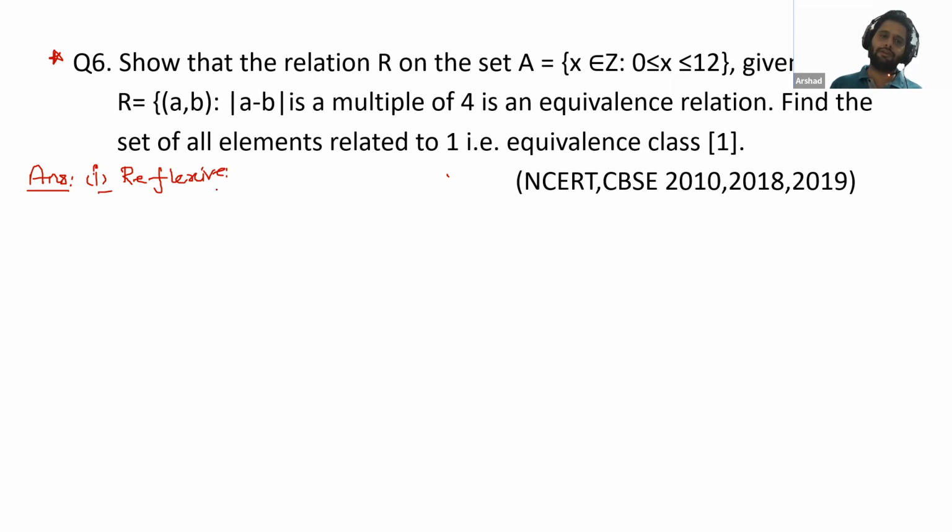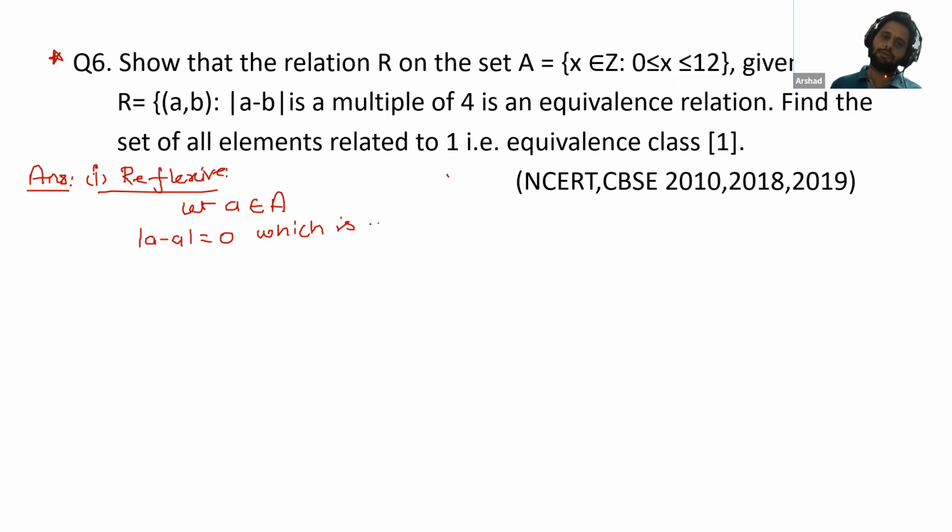Okay, so for reflexive, first of all, we will assume a value. Let a belong to set A. Now a minus b is a multiple of 4. So we will show here that a minus a is equal to 0, which is a multiple of 4.